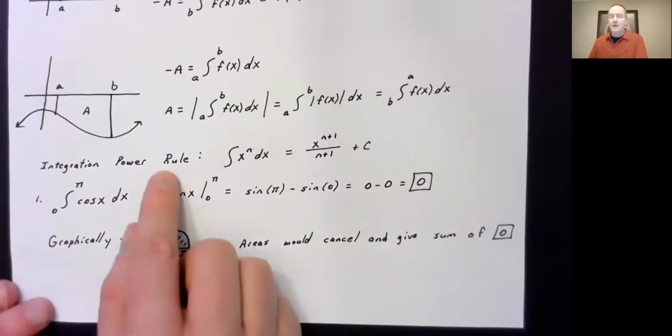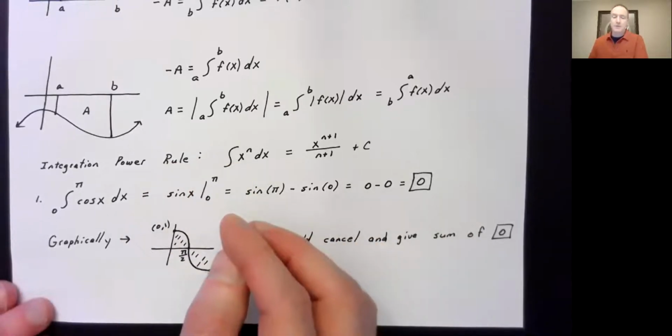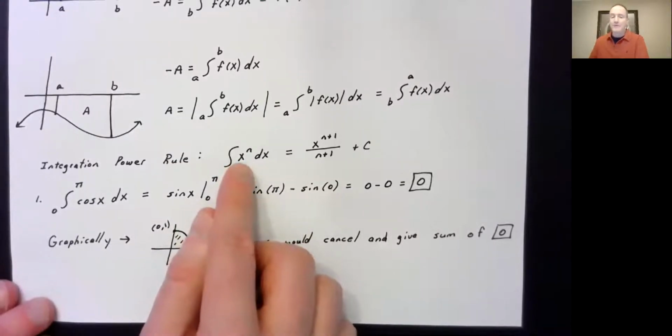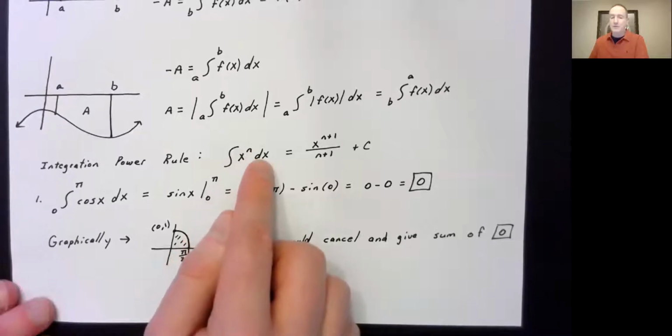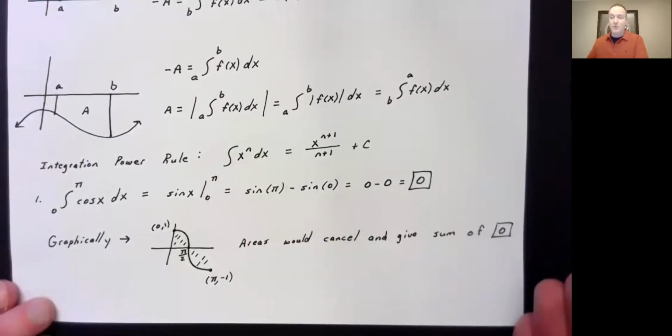Now, the integration power rule. Your book doesn't officially introduce it until the next section, but it's helpful in some of the problems here, so I'll go ahead and talk about it. If I have the integral of x to the n with respect to x, and we talked about this in the last section too, it's just the reverse of what you did in Calc 1 with the derivative.